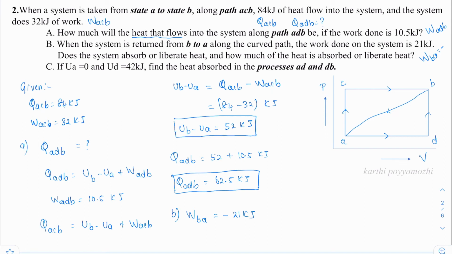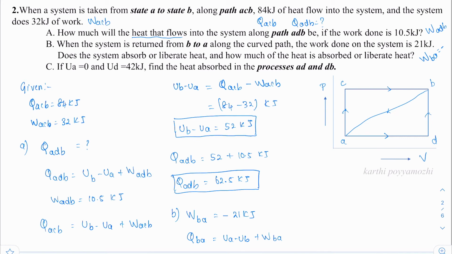We have this value, and we have to find whether the heat is being absorbed or liberated by this process. So we have to find Q of BA, and from the first law of thermodynamics we have UA minus UB plus WBA.